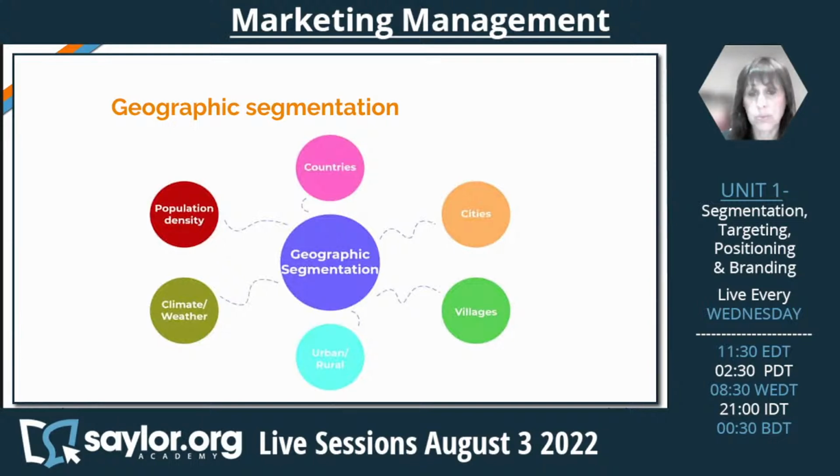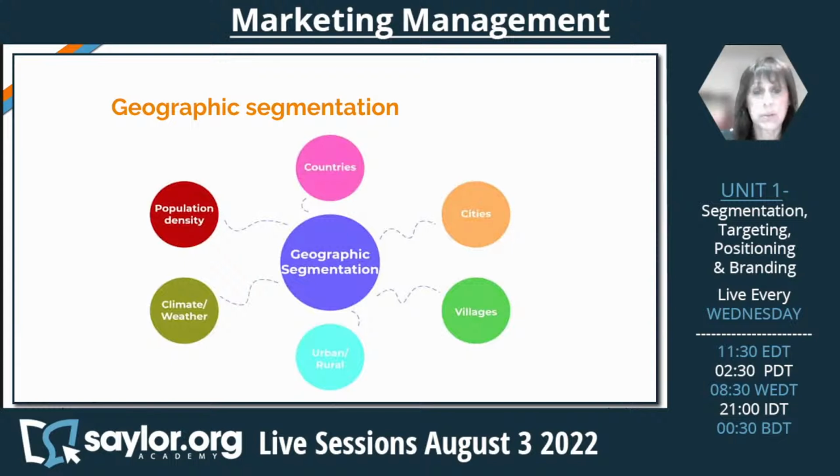As we move forward with this unit, we'll look at how all of the different elements of segmentation work together. In a little bit we'll look at demographics, but if you look at geographic segmentation, think about the different lifestyles that people have in different parts of the country or different parts of the world. Do they live in small villages?